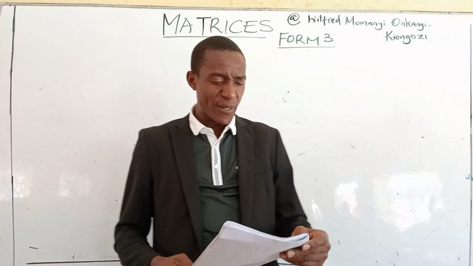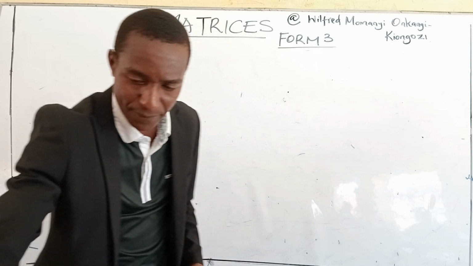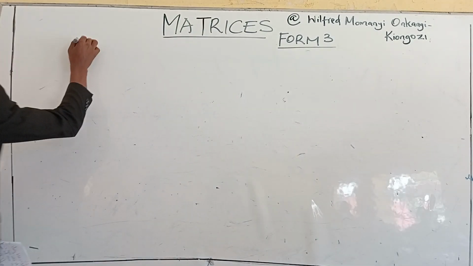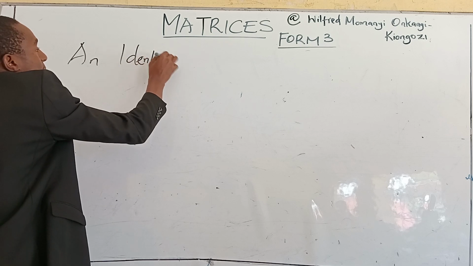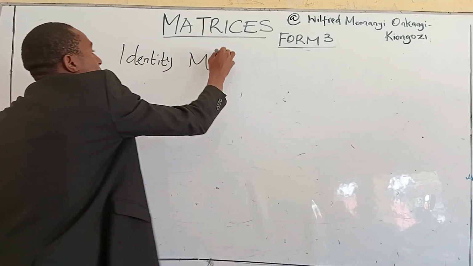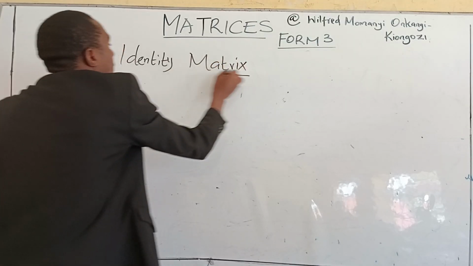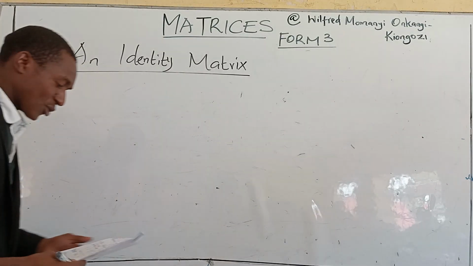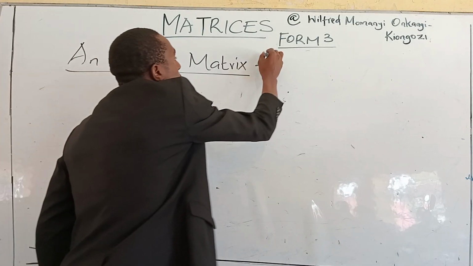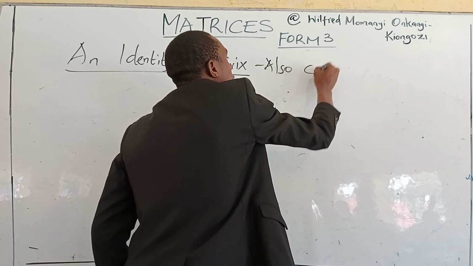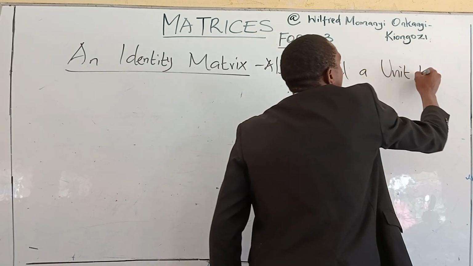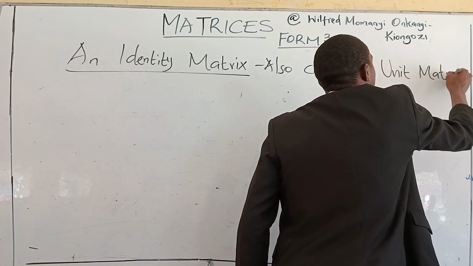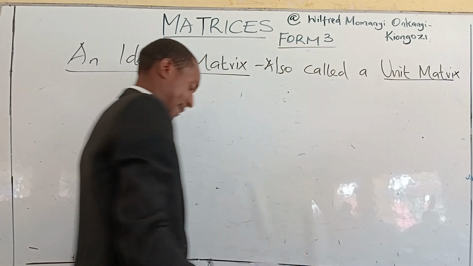Now, we can write the following: an identity matrix. This one is also called a unit matrix.